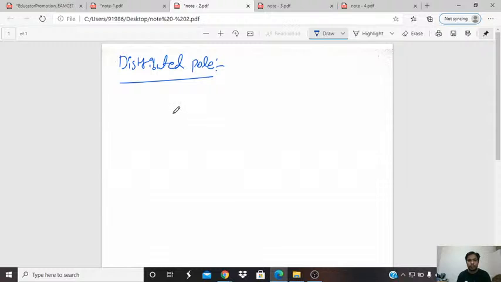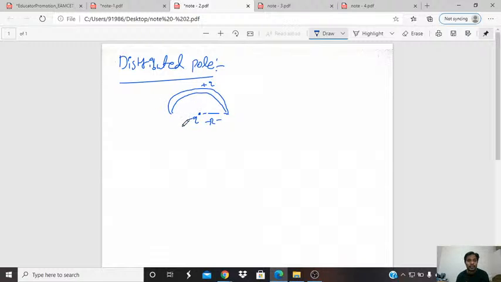In this distributed pole, let us consider a half ring with uniformly distributed plus q, and another equal negative charge placed at the center, at a distance of radius r. So minus q is a point charge, while plus q is distributed on the ring.